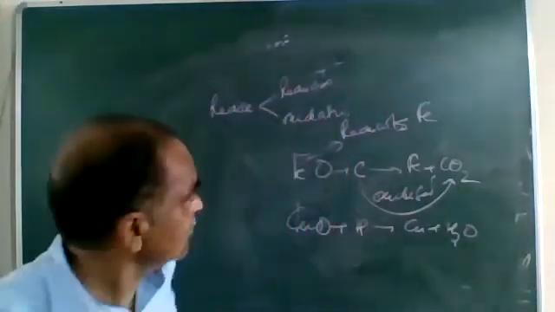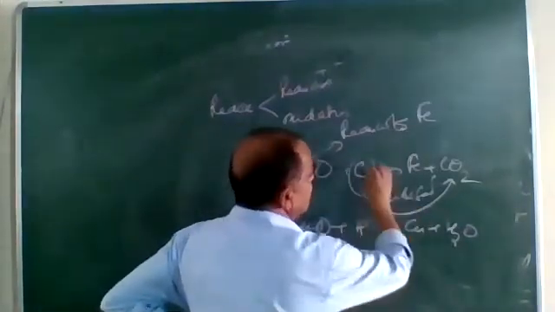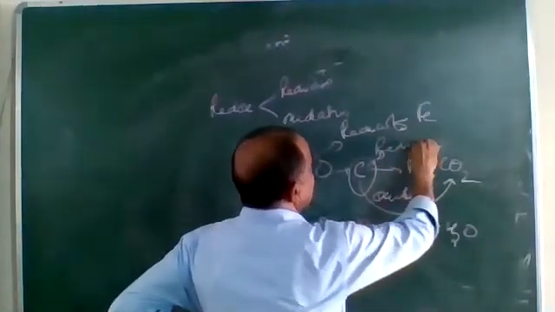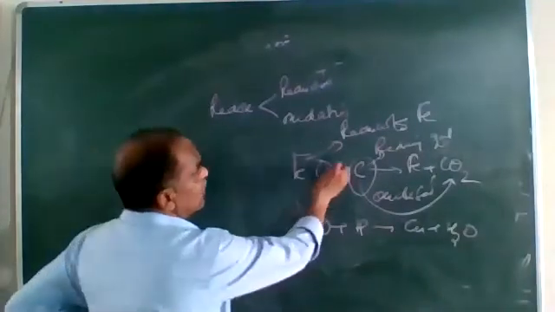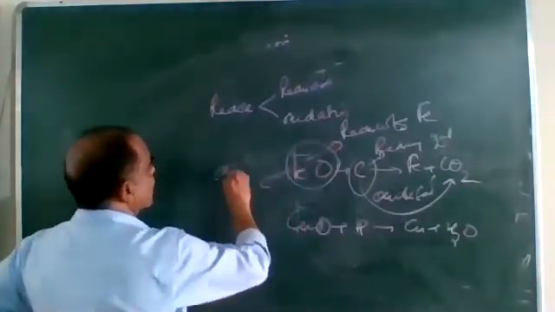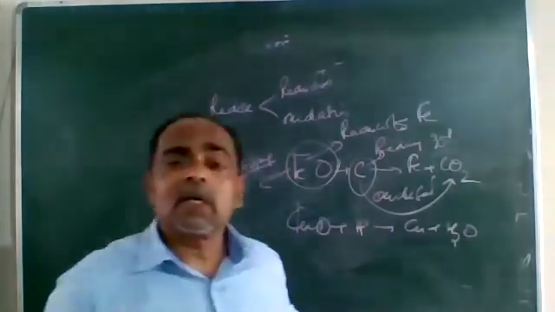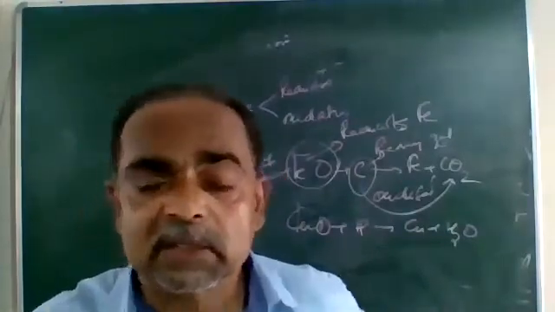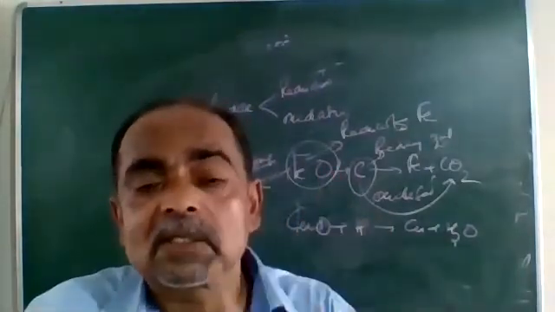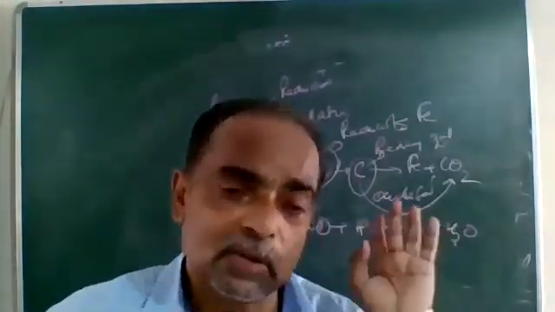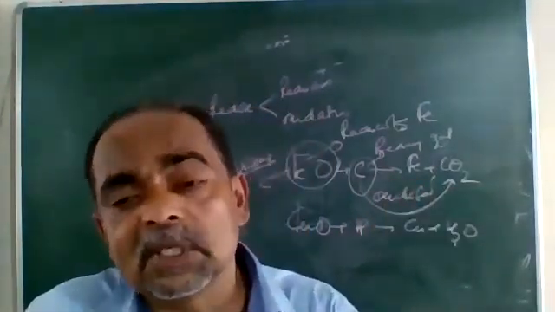Therefore, here carbon is oxidized, therefore it is a reducing agent, and FeO is reduced, therefore it is an oxidizing agent. Every reaction might have a number of reactants, but what is important? One reactant will be oxidized and another reactant will be reduced. The one which is oxidized will be the reducing agent, and the one which is reduced will be the oxidizing agent.